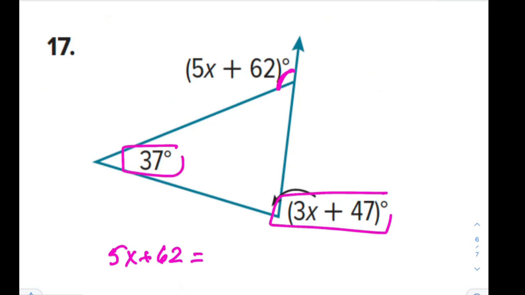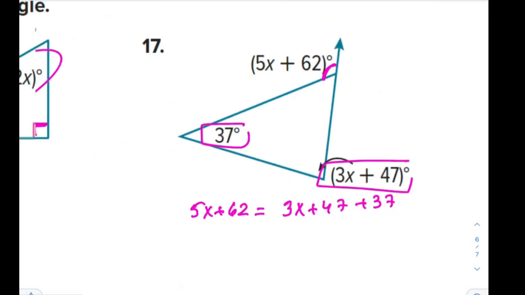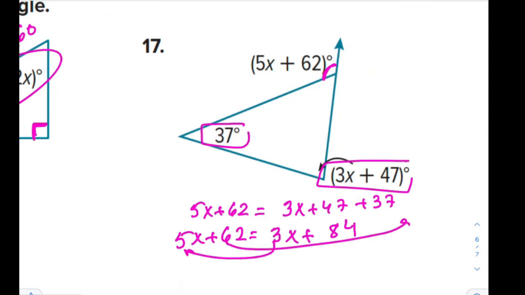Now here we have an exterior angle, which is 5x plus 62, that should equal the sum of the 2 remote interior angles. So 3x plus 47 plus 37. The sum of the two remote angles. And we will solve. 47 plus 37 is 84. Bring this here, bring this there.